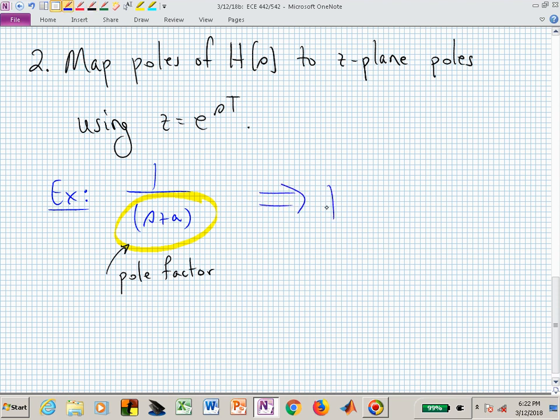We can now say that we have a pole at the value of S where that denominator vanishes, which is at S equal to minus A.